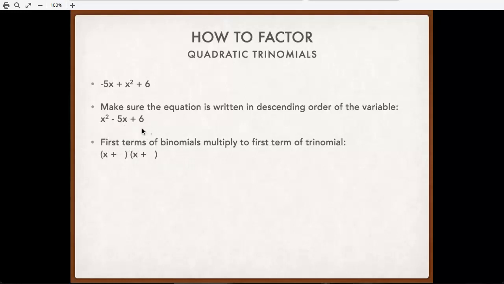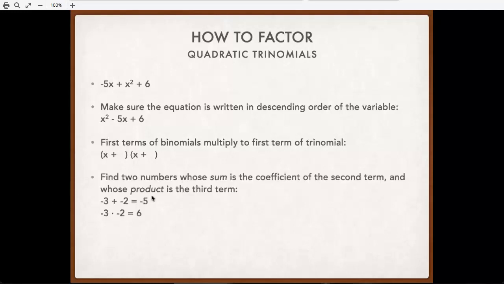The only way to break down 6 in a way that will give us a sum of negative 5 is going to be negative 2 and negative 3. So negative 3 plus negative 2 will give us negative 5, and negative 3 times negative 2 will give us positive 6. We plug those in as the second terms of our binomials, x minus 3 times x minus 2. We can easily check that by applying FOIL to this.